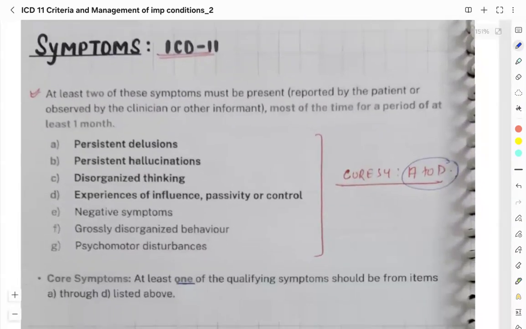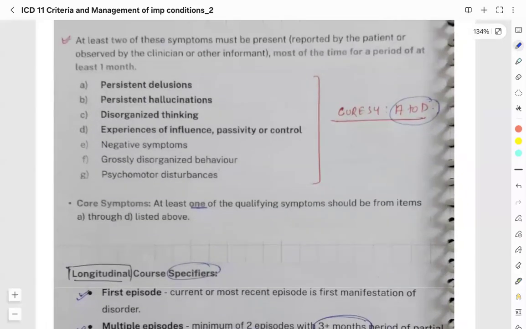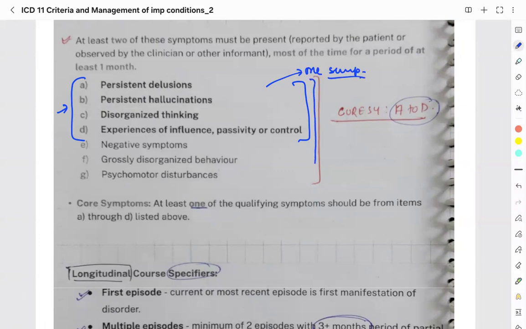So again, from A to D, these are the most important symptoms. One symptom needs to be present from here, and one symptom needs to be present from the whole cluster, for at least 1 month, to call it schizophrenia.